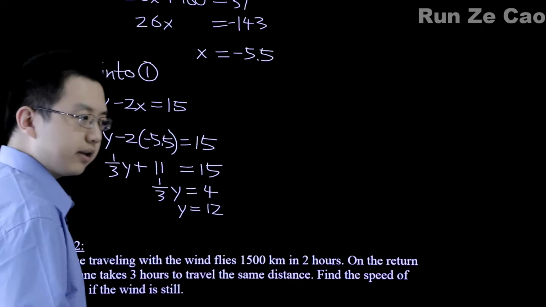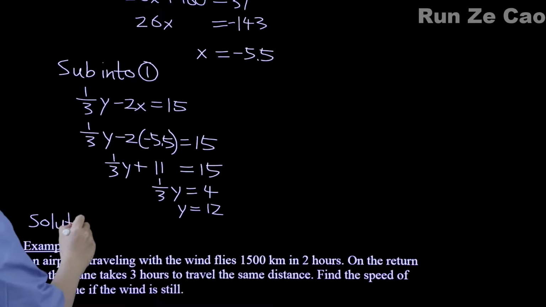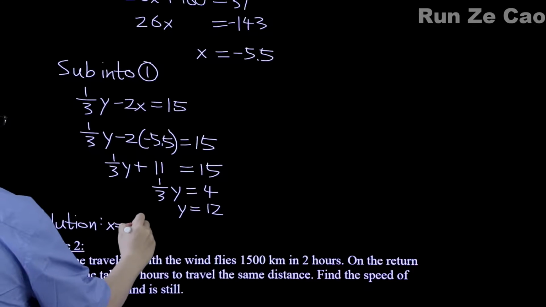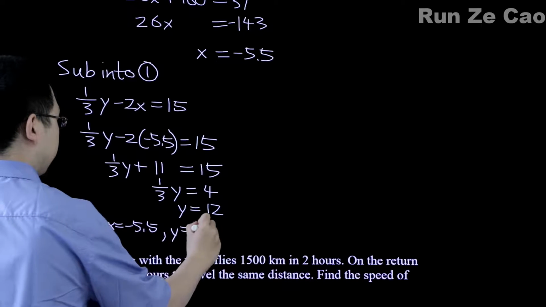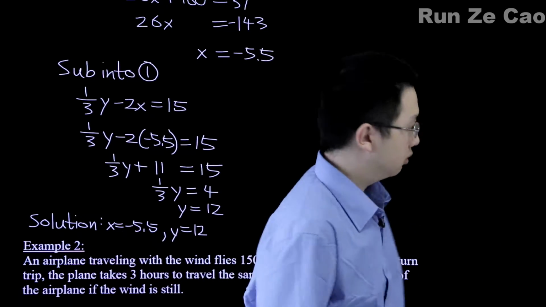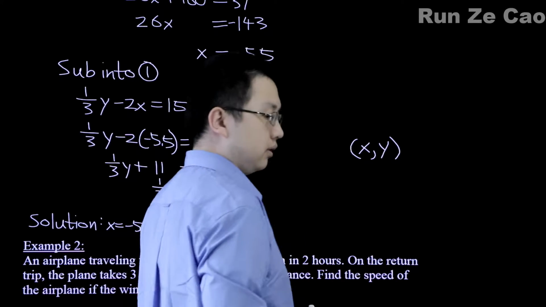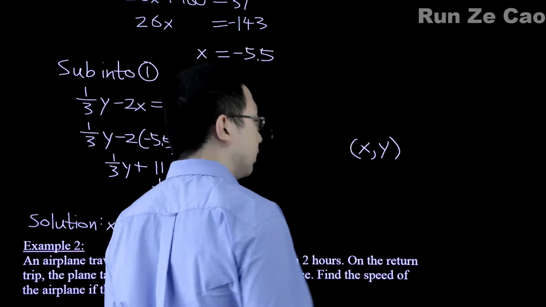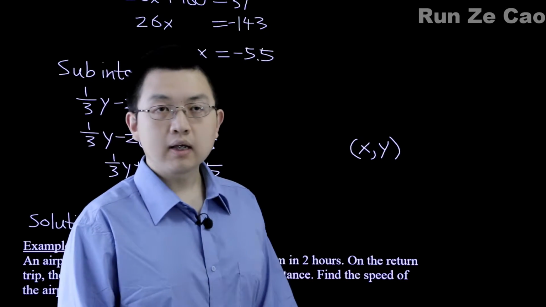also another method of presenting the solution. X equals negative 5.5, y equals 12. Because as we well know, when you present an ordered pair, it's usually x comma y when we describe, say, a point on the graph, or x comma y comma z, or even a, b, c, d, e, f, or something similar.